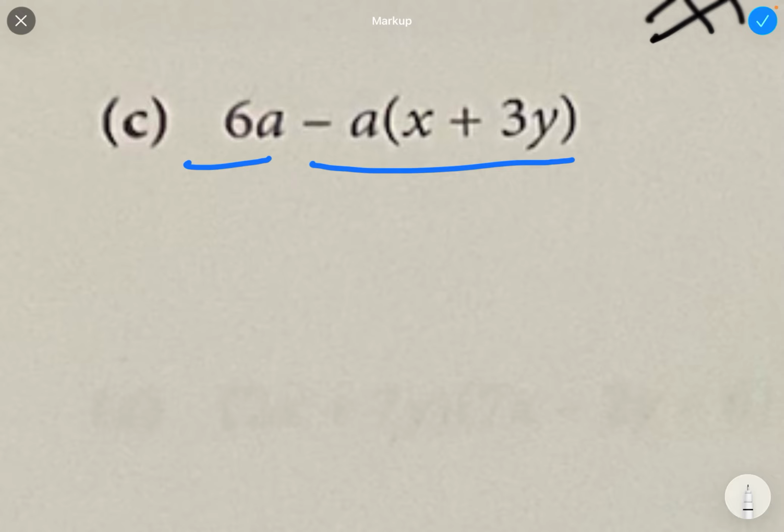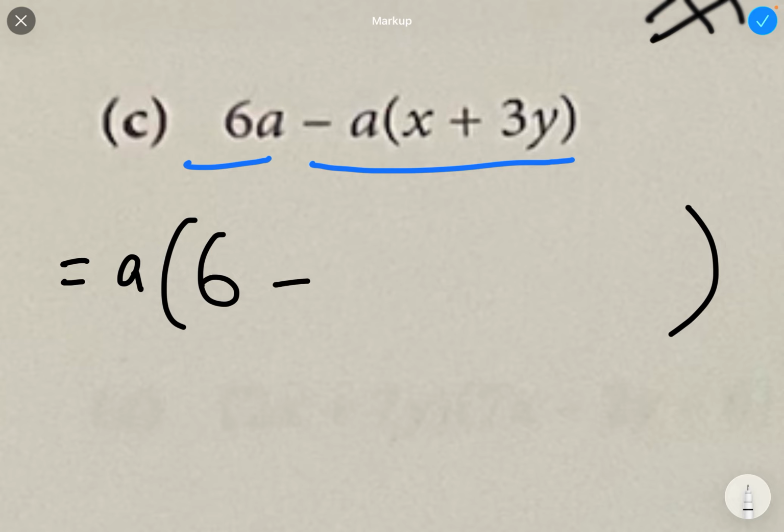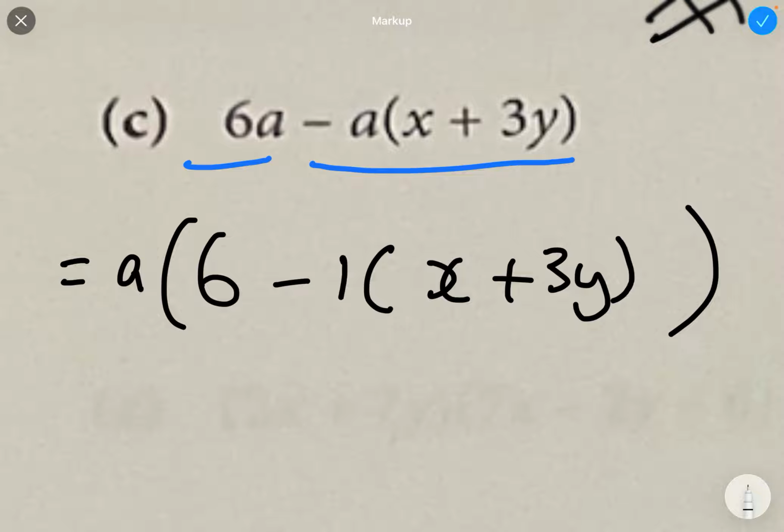Hey, how? Ari, are you able to spot what is the common factor? So, are you able to factorize out the A? Okay, you can have a 1 here.